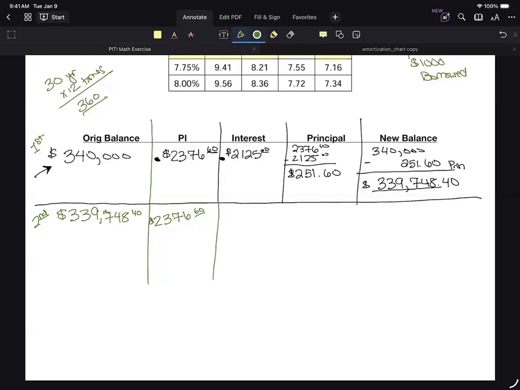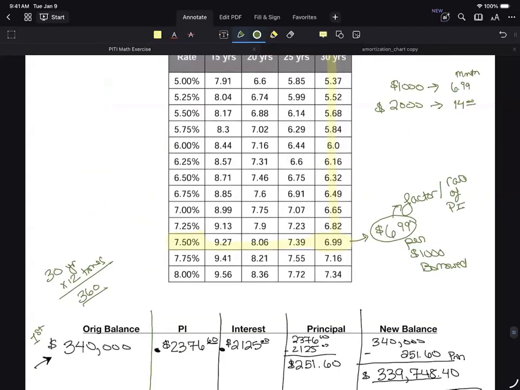Now, you want to see some actual crap? Sure, yeah. Because I'm in this boat right now. We know that we're paying $2,376.60, and that amount never changes for 360 payments. This is the total you're paying in P&I.